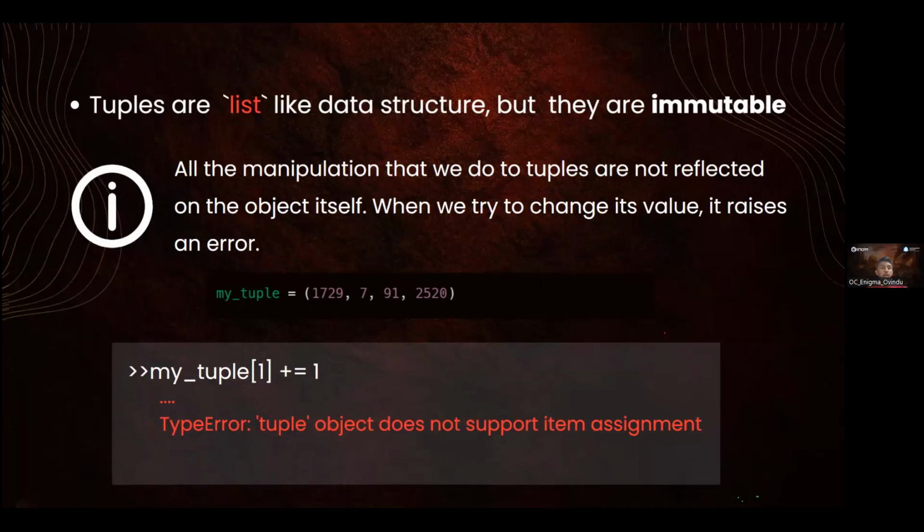So all the manipulation that we do to tuples are not reflected on the object itself. When we try to change its value, it raises an error. That is something to keep in mind when working with tuples, but they can be very useful when you are working with data that you do not want to change. Data that needs to stay constant will stay constant when used in tuples.